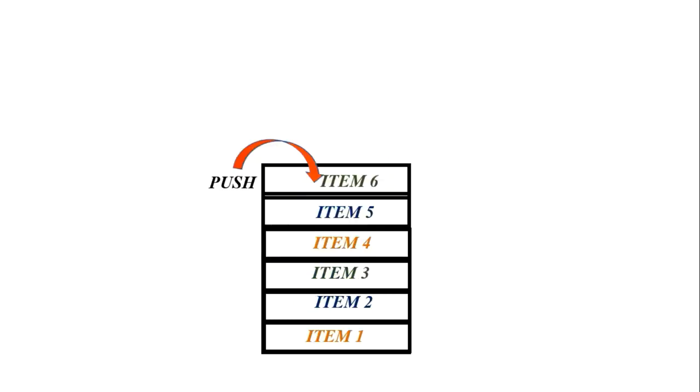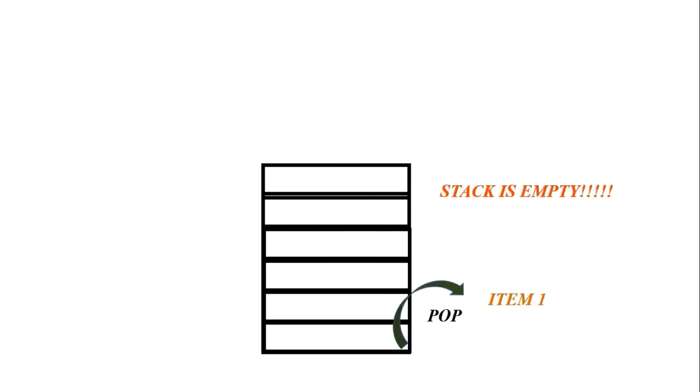Inserting items one by one is known as pushing. When pushing is done, then the stack is known as full. And then the next operation is popping, meaning deleting items one by one starting from the top of the stack. When the stack is empty, the pop operation is done.